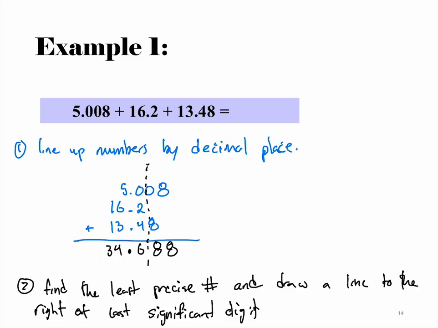Everything to the left we keep, everything to the right we drop. So what should our final answer be? 34.7, right? 34.7. Why? Because we had to round when we drop these digits here. 8 is larger than or equal to 5, so 6 has to go up to 7.